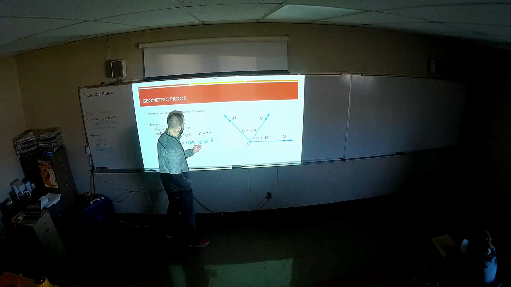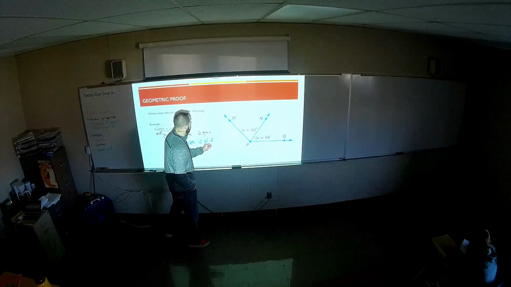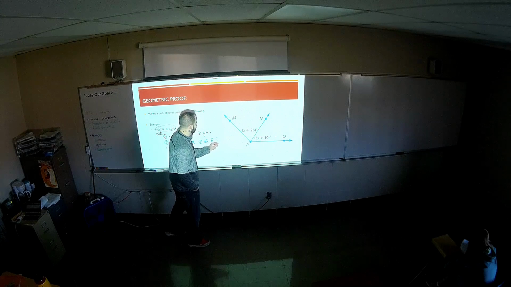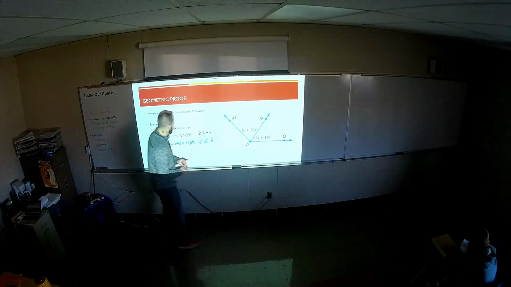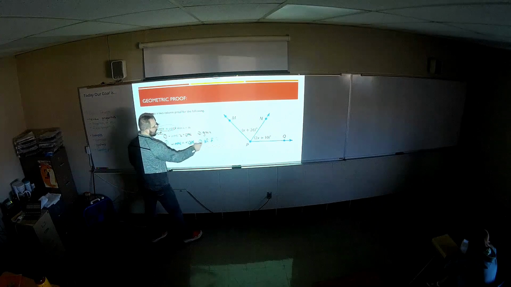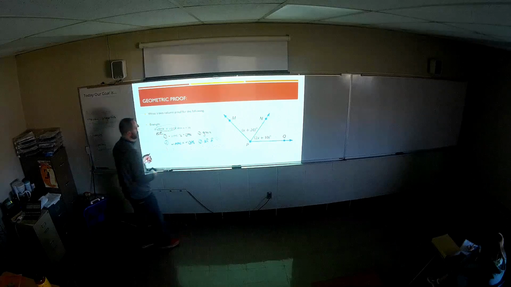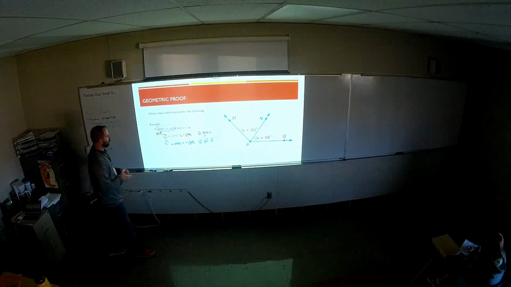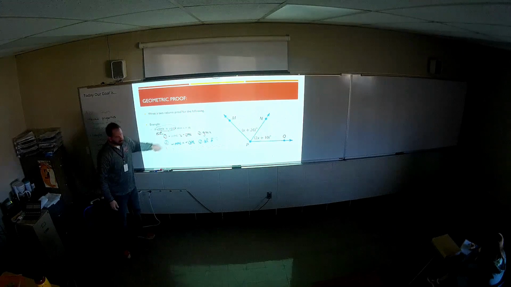And all I did here was substitute. Substitution. I'm plugging in things of equal value. Angle MPN is literally that angle. I'm substituting that in. QPN is that angle. So I'm substituting that in. Now, what does that look like to you now?